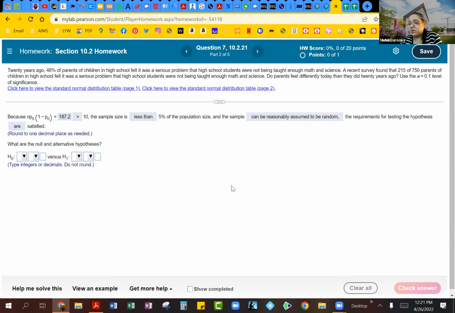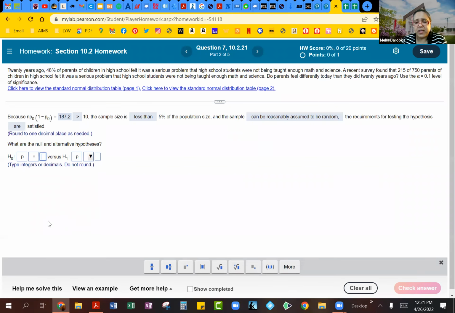Now we actually need to come up with our null and alternative hypotheses. So here we are obviously using percentage probability, so p is going to be our variable in this case. And then of course, for the null hypothesis, we want to know if the probability, even now in the recent survey, is going to stay at 48%, or 0.48.